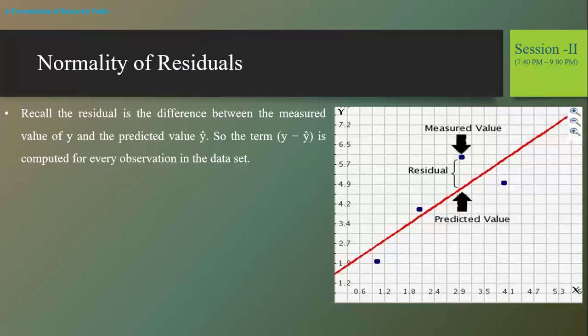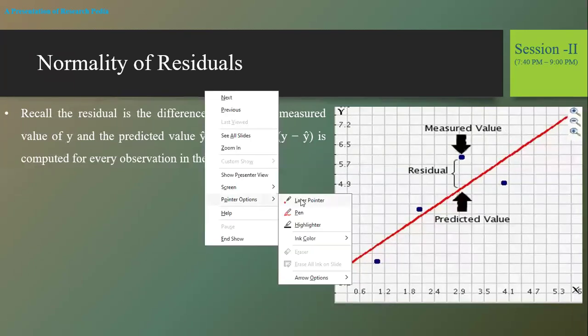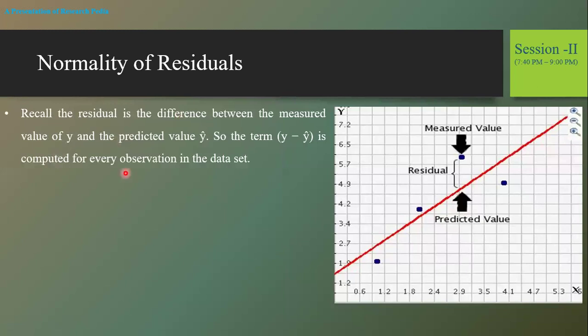So how can we basically define the term residual? We need to understand that it is the gap between predicted points and your estimated points. So recall, the residual is the difference between the measured value of y and the predicted value of y. Predicted means what we have estimated. It means the red line.